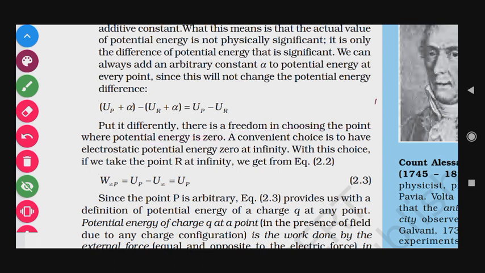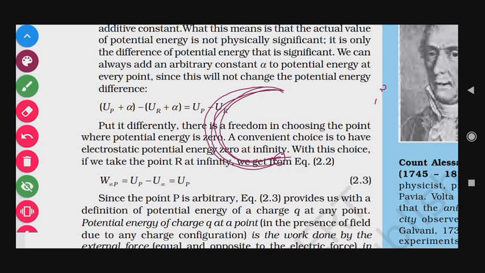Generally we choose infinity as 0 potential, but we can choose another point. Even if we choose potential 0 at a different point, it will not matter, because we are concerned with the difference between 2 points, not a single point. The potential difference will not be affected.